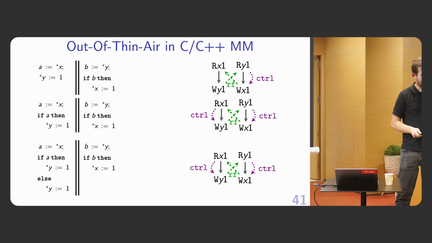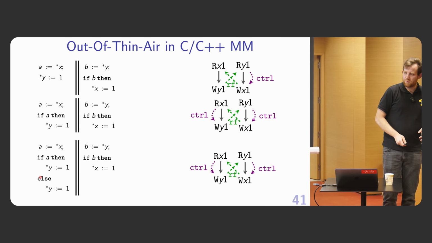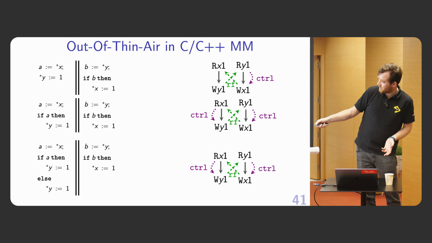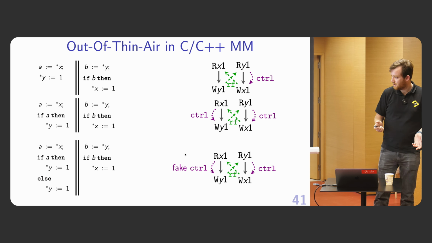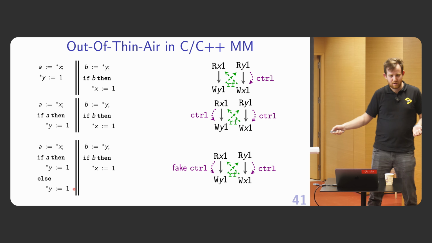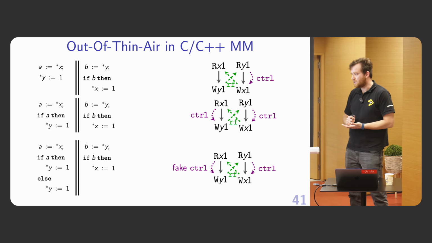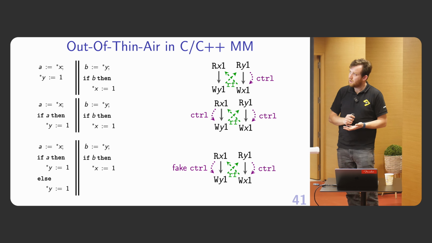Yeah, so this third program could be optimized to the first one, right? But what's the difference in terms of these edges? One could say that here we have a fake control dependency, right? A fake control dependency could be eliminated by the compiler. It couldn't be by the CPU, and usually the CPU doesn't do that.